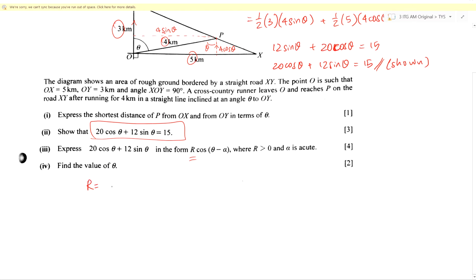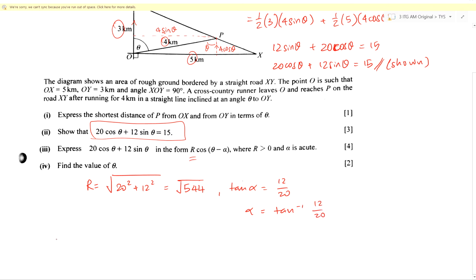Where we have the R value of square root of 20 squared plus 12 squared. So that is root 544. Don't evaluate this yet, otherwise you will have to be rounding off. Then we also have tangent alpha equals 12 over 20. So alpha is simply tangent inverse 12 over 20.